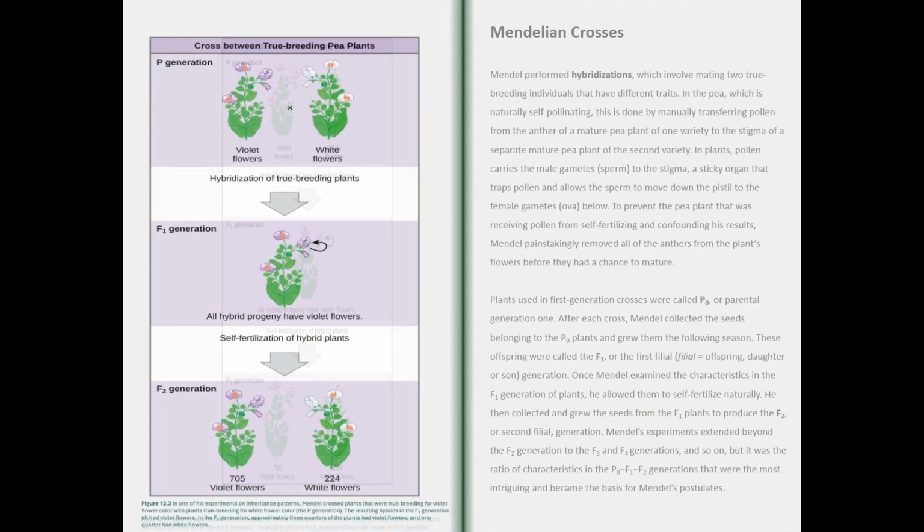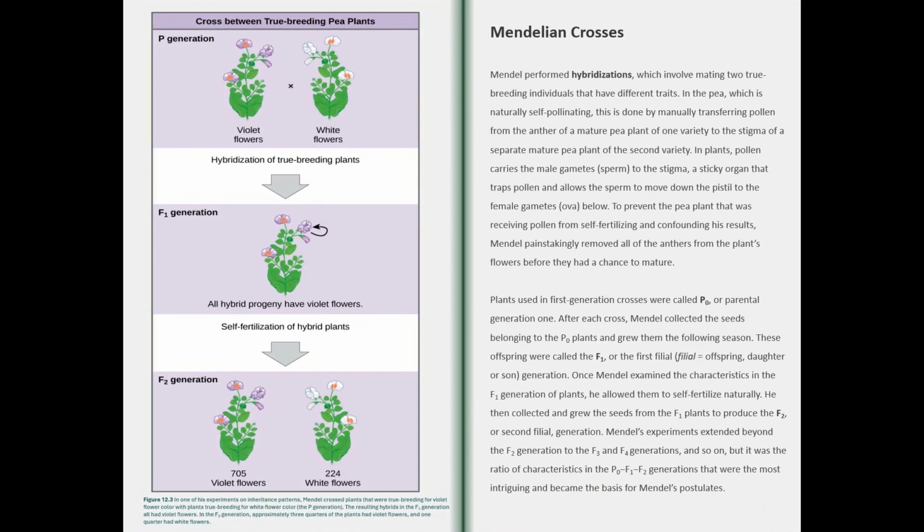Now, Mendelian crosses. Mendel performed hybridizations, which involve mating two true breeding individuals that have different traits. In the pea, which is naturally self-pollinating, this is done by manually transferring pollen from the anther of a mature pea plant of one variety to the stigma of a separate mature pea plant of the second variety.